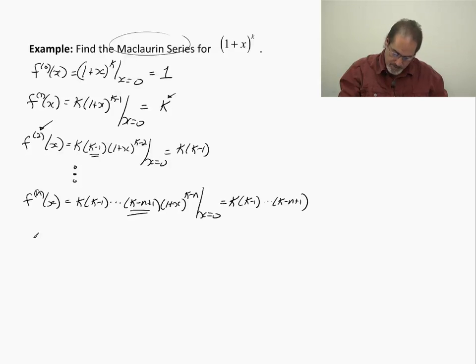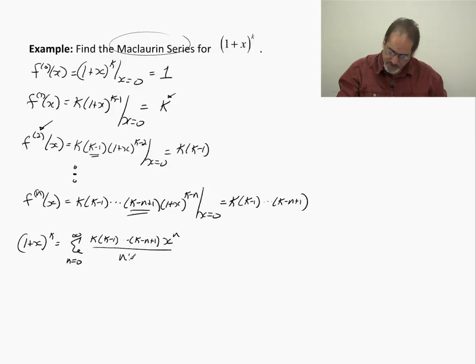So we have (1 + x)^k is going to be equal to the sum, n equals 0 to infinity, of k times (k - 1) on out to (k - n + 1) times the Maclaurin series x^n over n factorial.